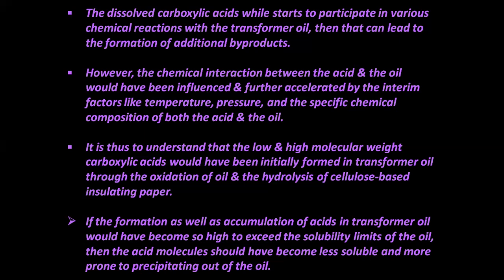If the formation as well as accumulation of acids in transformer oil becomes so high as to exceed the solubility limits of the oil, then the acid molecules become less soluble and more prone to precipitating out of the oil.